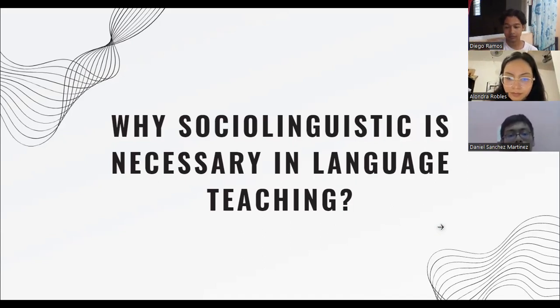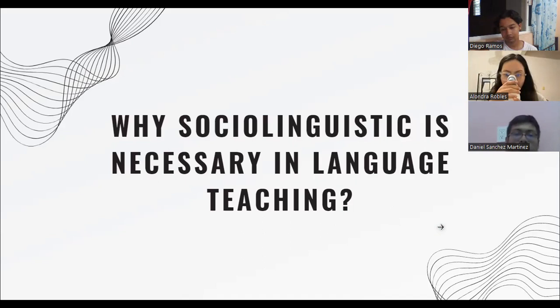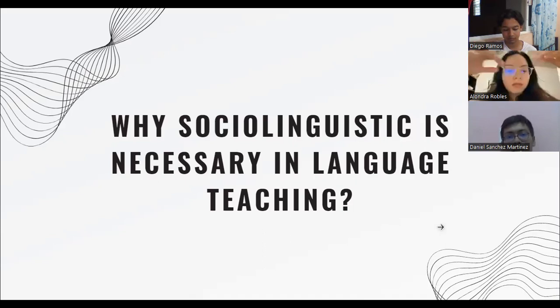For example, it helps us to understand how people use the language in different social and cultural contexts, enabling us to teach and to express ourselves effectively in various situations, and also helps us to recognize and address linguistic variations, for example dialects and registers, enriching language comprehension and promoting linguistic inclusivity.